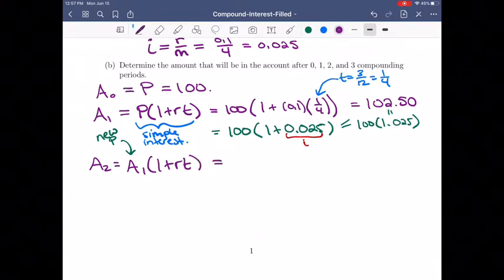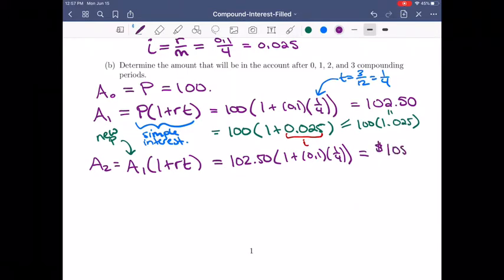And again, T is going to be a quarter, because I'm going from the first 3 months to the 6-month mark. That's only a quarter of the year. So this is going to be 102.50 times 1 plus 0.1 times 1 over 4. If you compute this, you get 105.06. But what I actually want to do is write this in a different way. So let's do this in green.